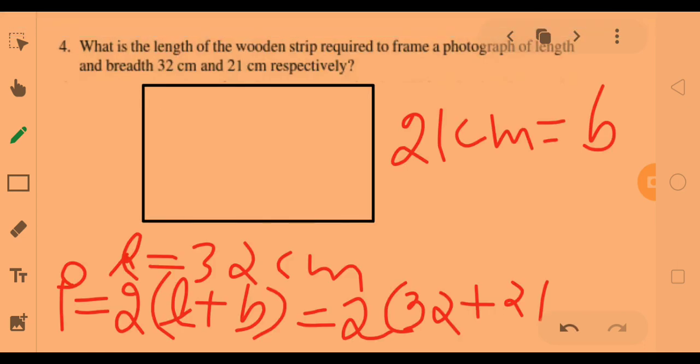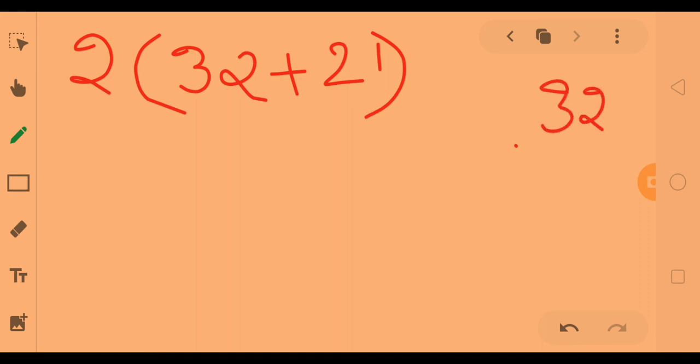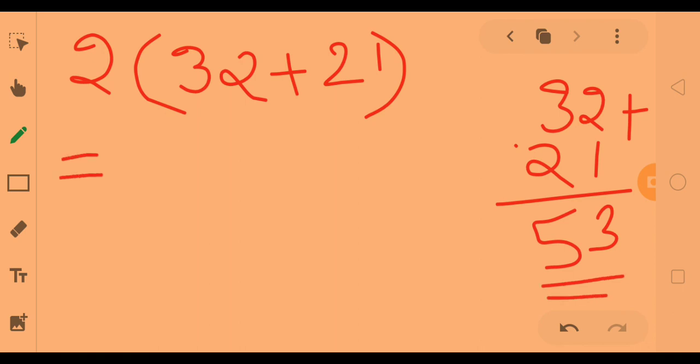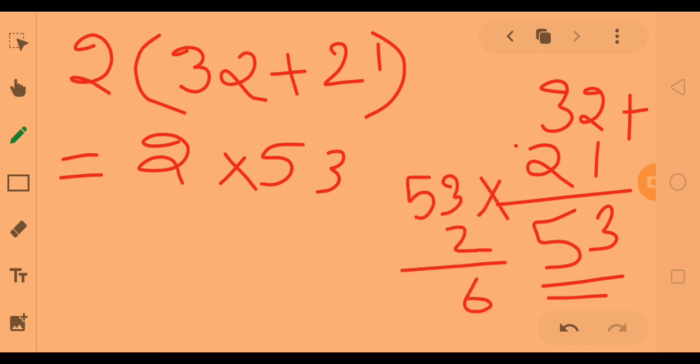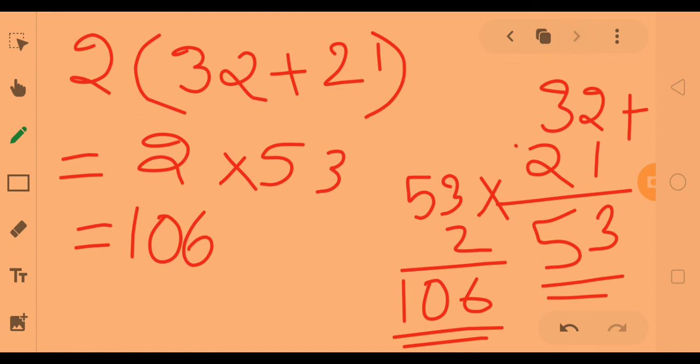First we will add the numbers in the bracket, 32 plus 21, so we get 53. Then we remove the bracket, that means we have to give a multiplication symbol. So 2 times 53, 2 5s are 10, so 106. So we will get 106 as the product, that is 106 centimeter of wooden strip is required.